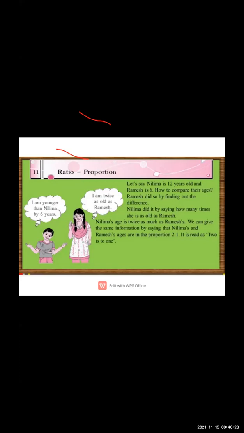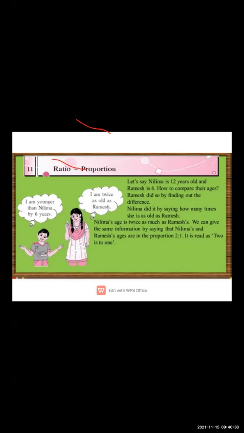Twice means मैं उससे 2 गुना ज्यादा हूँ. जैसे कि 6 साल का है तो नीलिमा 12 साल की है, तो दो गुना ज्यादा है. इसी के लिए we can write here 2:1. This is known as the proportion method.